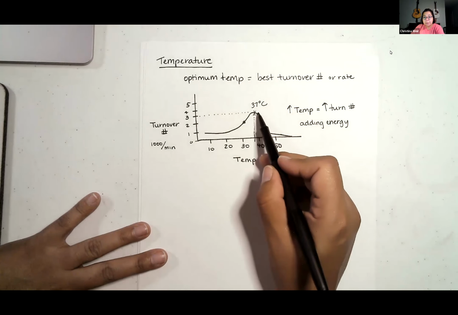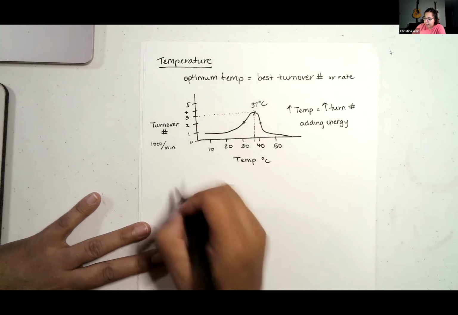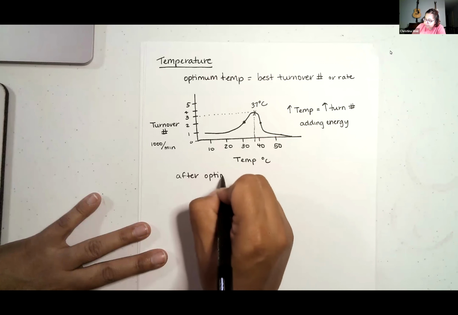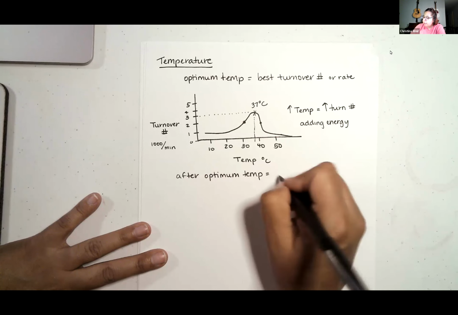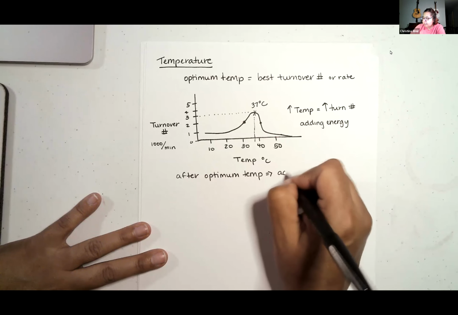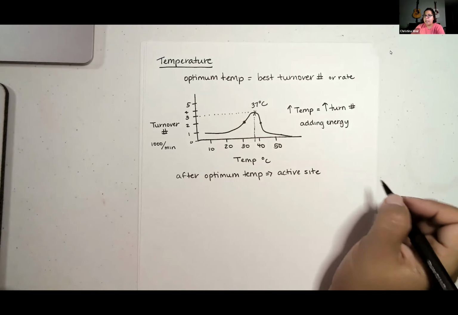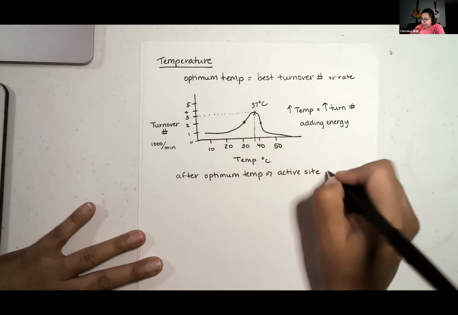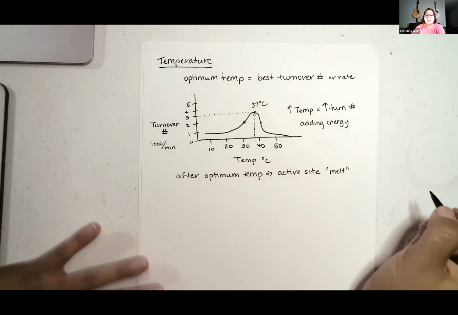After the optimum temperature, the enzyme begins to experience physical damage. The active site, remember that's the part of the enzyme where the chemical reaction occurs, begins to melt. It loses its shape.